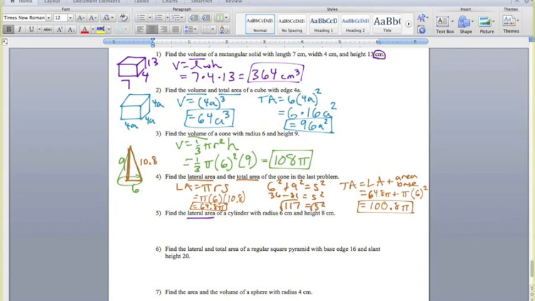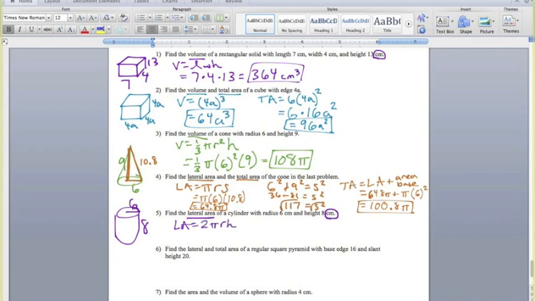Find the lateral area of a cylinder with a radius of 6 and a height of 8, and there's a unit on that, centimeters. Lateral area does not need to be memorized. 2 pi r h.